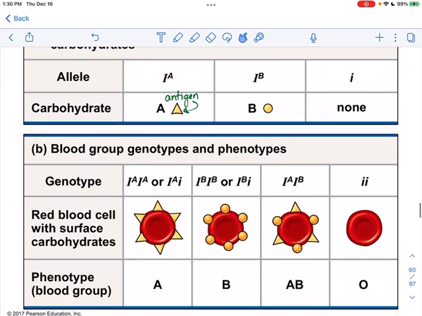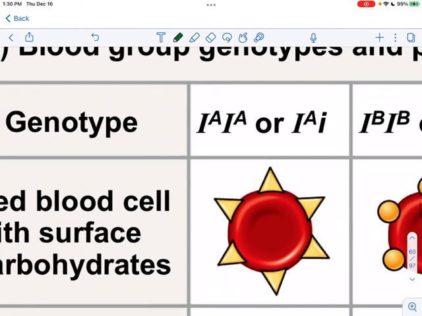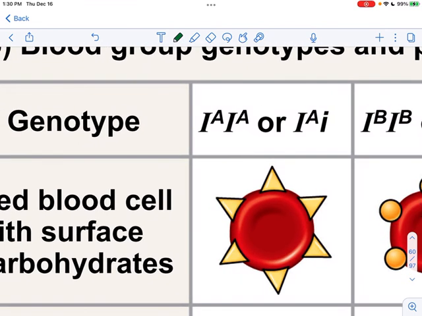So looking at the possible genotypes that individuals can have and what their subsequent phenotypes would be, if you were IAIA, this would be homozygous dominant for carbohydrate A, or if you were heterozygous, IA little i, you're still going to make those A antigens, because remember, anytime you have that IA allele, it forms the A antigen.